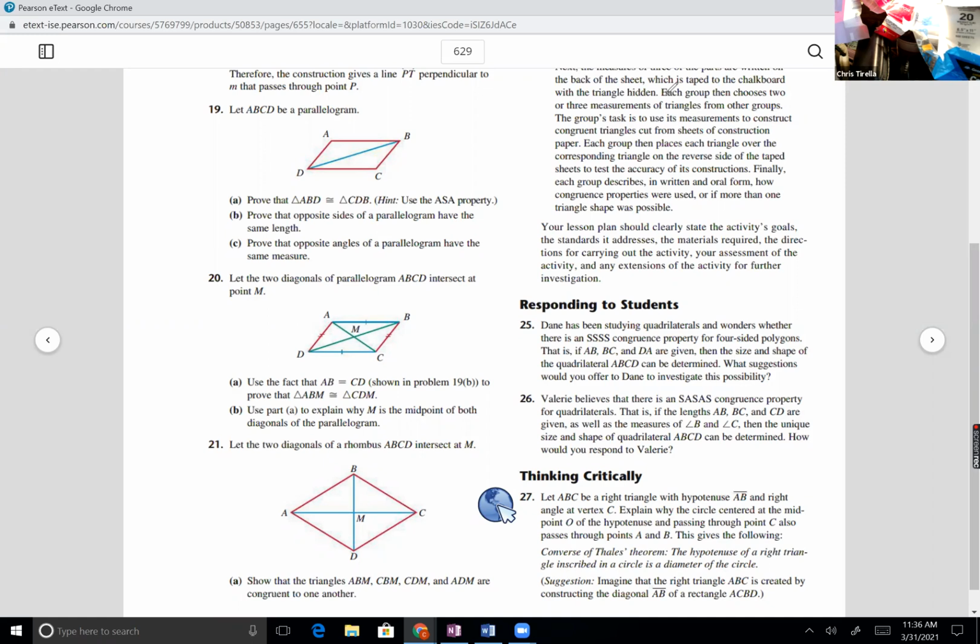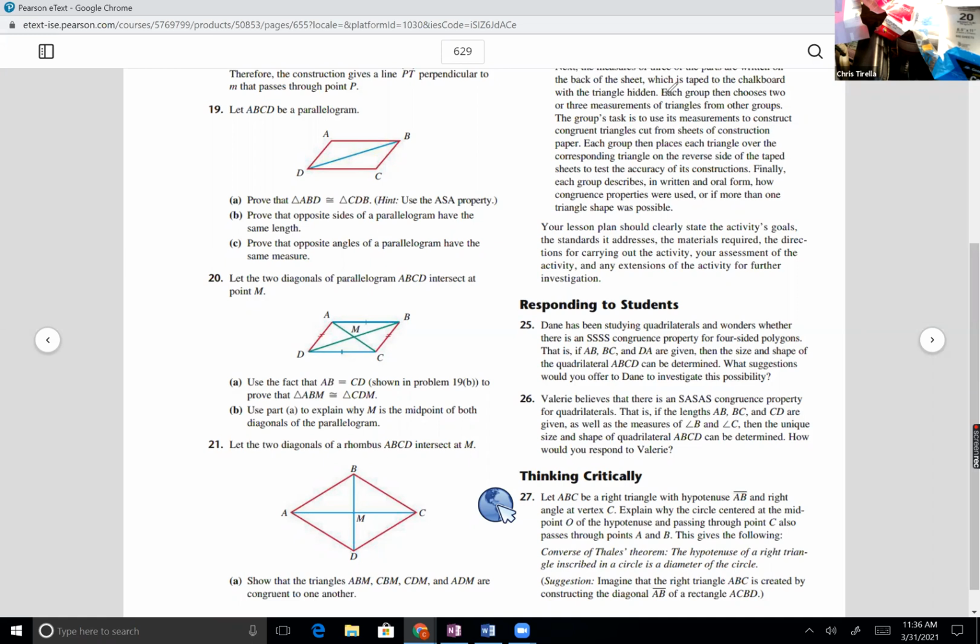Is that true? If all four sides of one quadrilateral are equal to all four sides of another quadrilateral, because with triangles it works, side, side, side can go into side, side, side. We did that construction, and we said if all three sides match up, then all of the angles match up too.